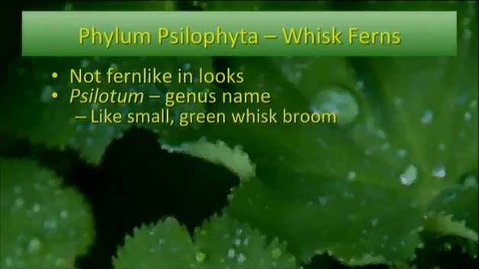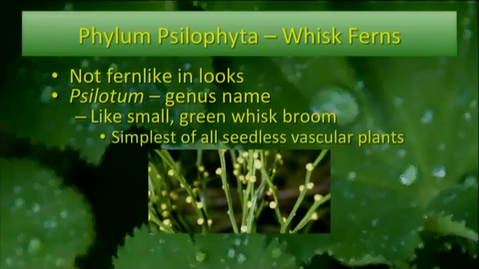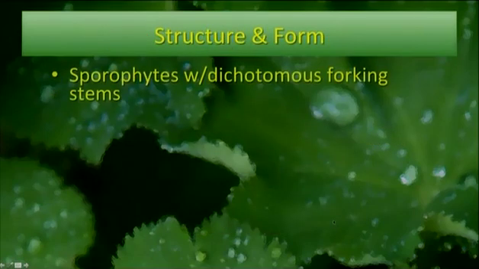So these are the simplest of all seedless vascular plants. You can see part of it, these photosynthetic stems. And here are the sporangia, the parts that bear the spores. Now the dominant sporophytes have dichotomous forking stems.